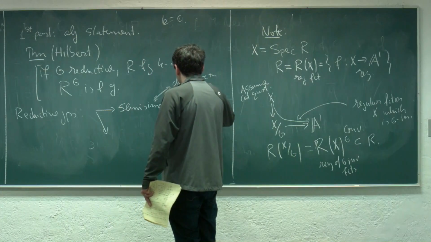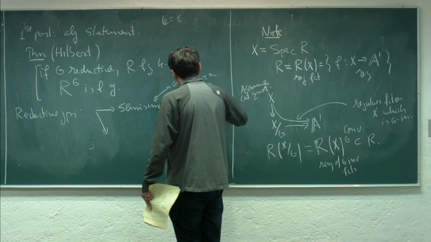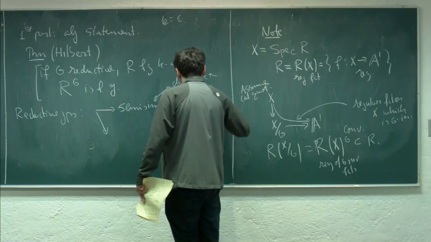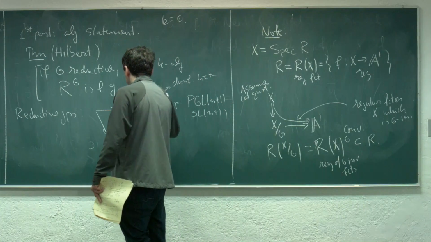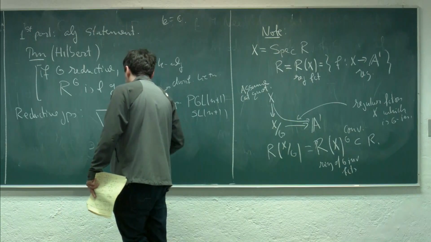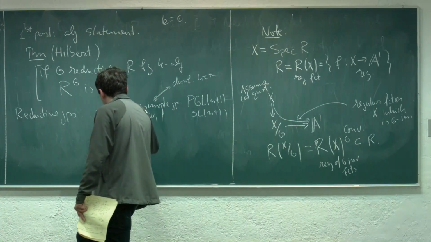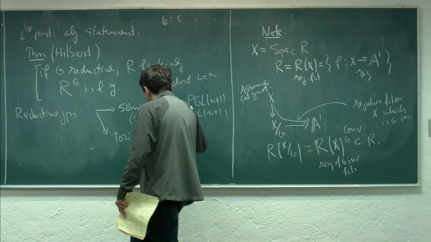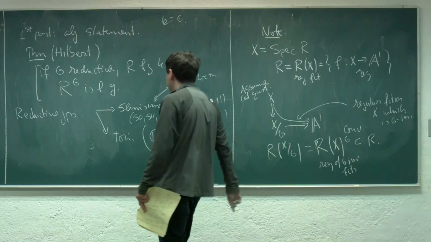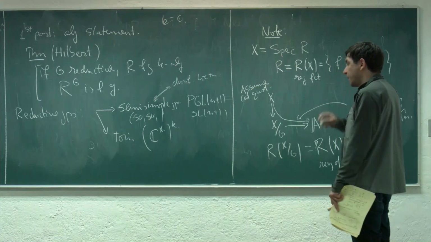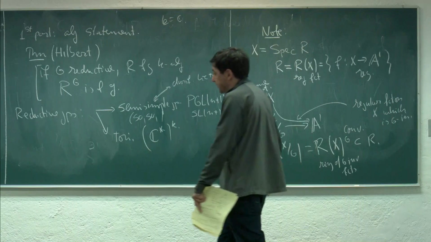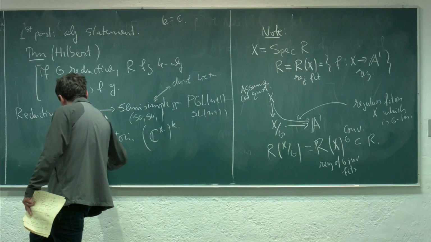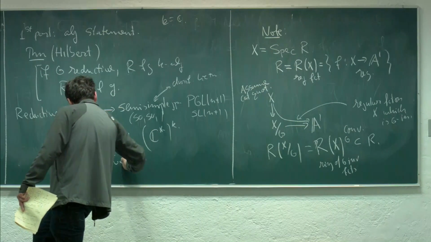The ones we'll discuss here are PGL_n and SL_{n+1}, but of course it includes SO, SU, exceptional groups, and so on, and tori. In this situation you can think of just powers of C star. So basically, a general reductive group will be an extension of a torus and the semi-simple part.